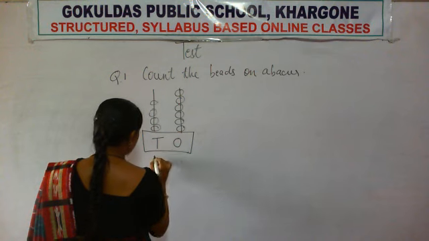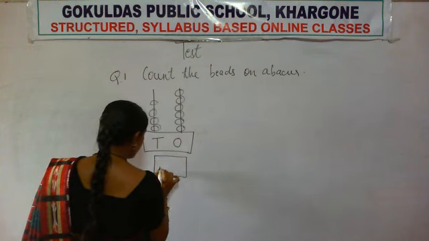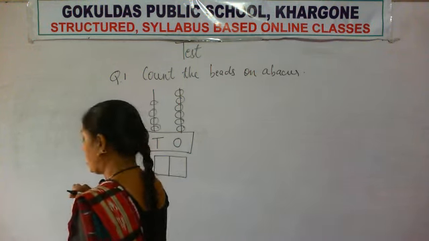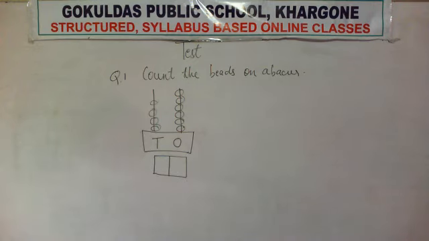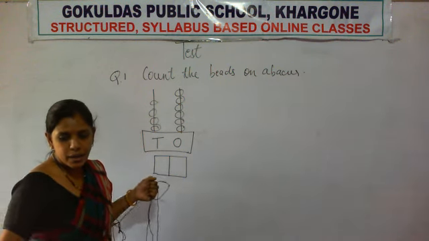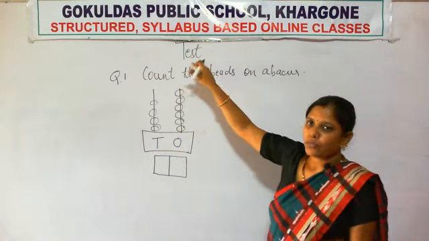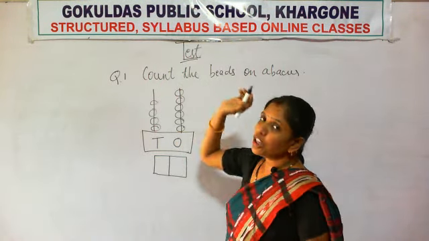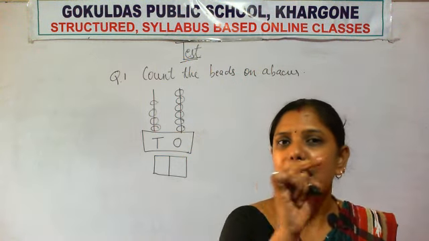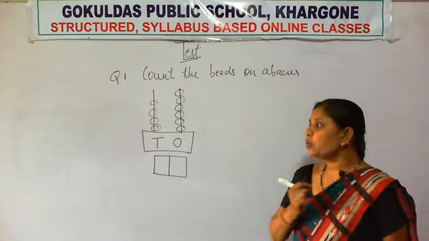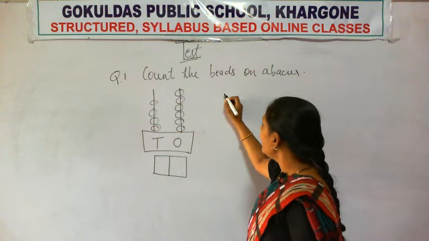Write here the number: which number will form? Write the question and solve it. Don't take help of your parents, do it yourself, because this is your test. If you do both the questions correctly, you will get 10 marks.